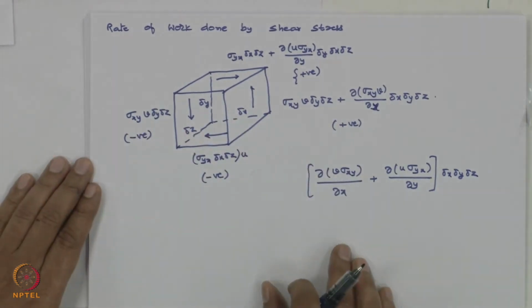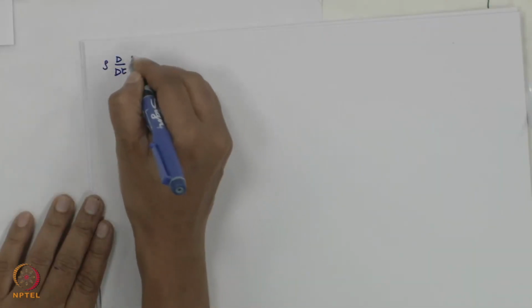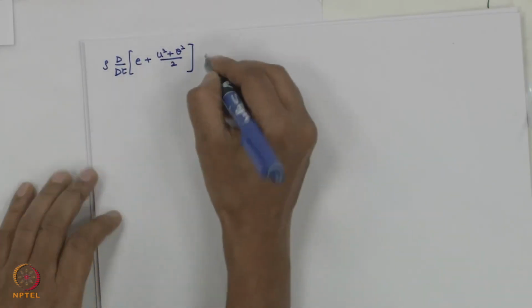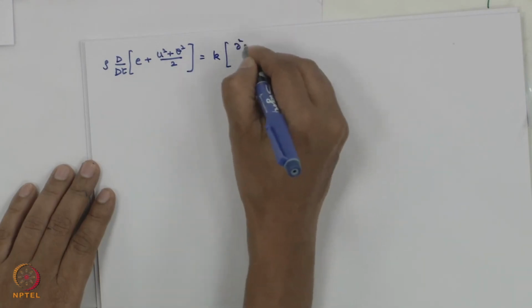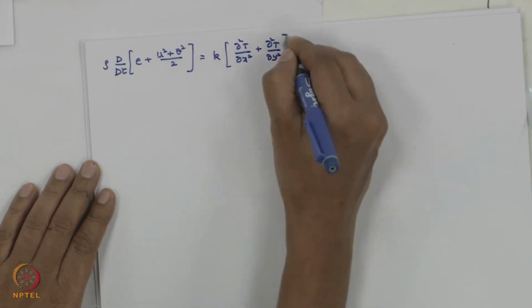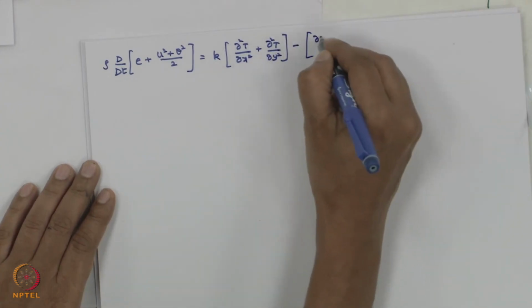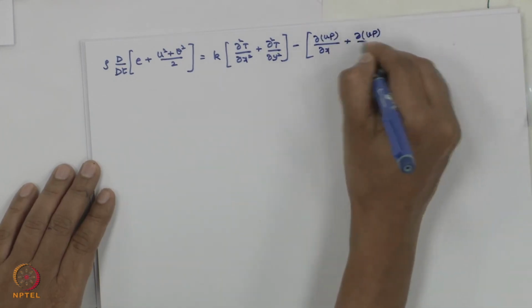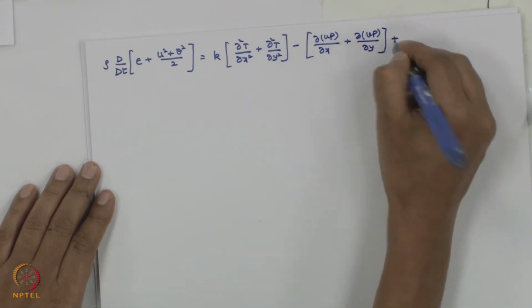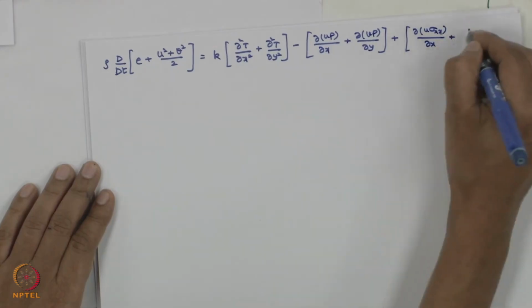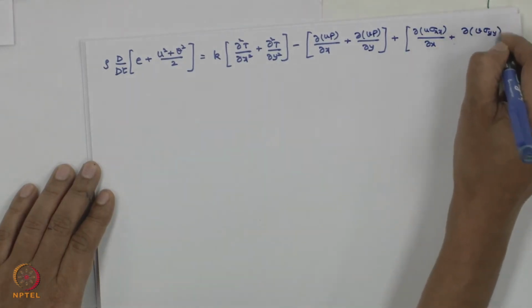So if I combine all the work done so far, I am going to get rho d by dt of E plus u squared plus v squared by 2 is equal to k into del squared T by del x squared plus del squared T by del y squared, minus of del of up by del x plus del of vp by del y, plus del of u sigma xx by del x plus del v sigma yy by del y.